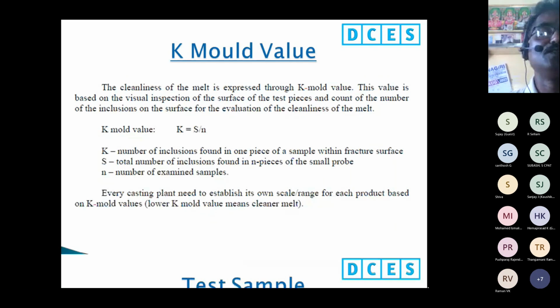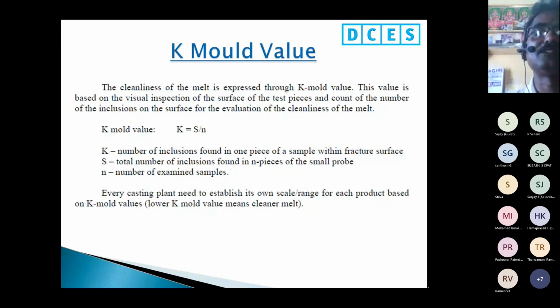And the K-mole value, the cleanliness of the melt is expressed through the K-mole value. This value is based on the visual inspection of the surface of the test pieces and the count of the number of inclusions on the surface for the evaluation of the cleanliness of the melt. So K-mole value is equal to S by N. K is the number of inclusions found in one piece of the sample within the fracture surface.